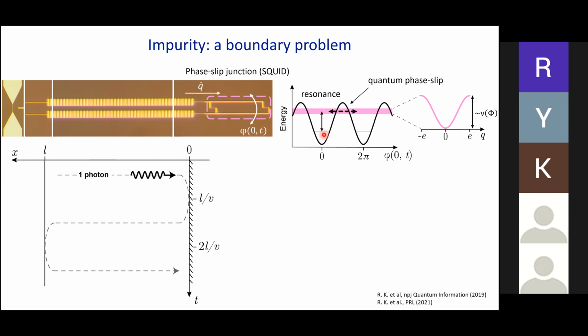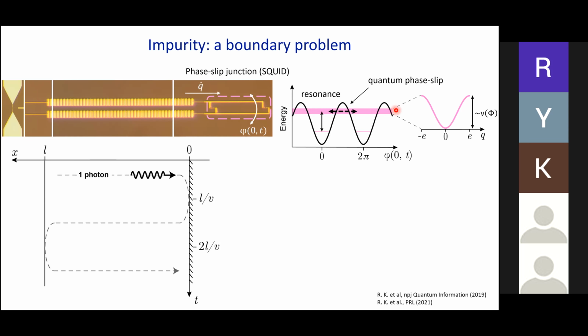First, it brings a resonance: there is a 0-1 transition, which is associated with this phase at the point x equal to 0. And second, there are quantum phase slips, the tunneling events between different wells, which create a broadening of the levels.